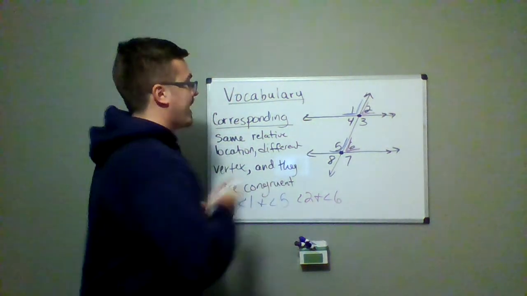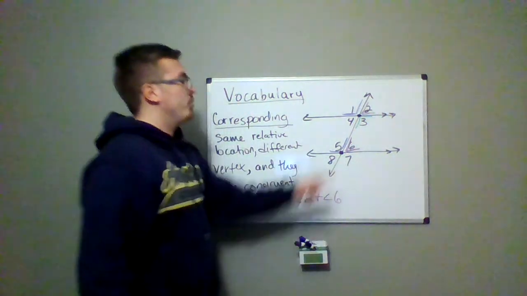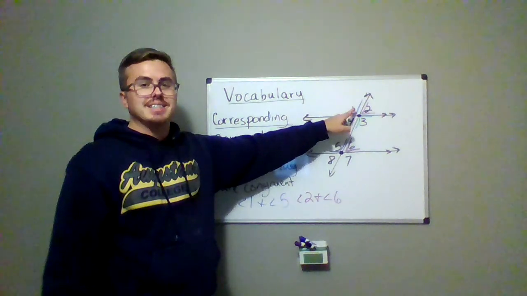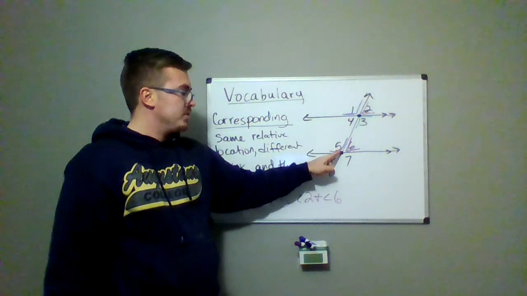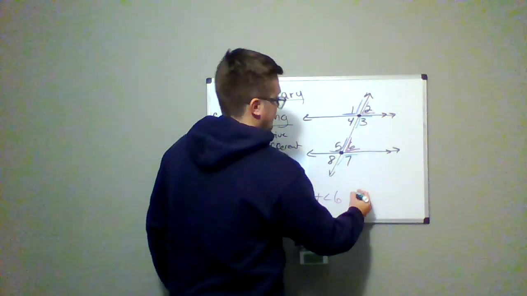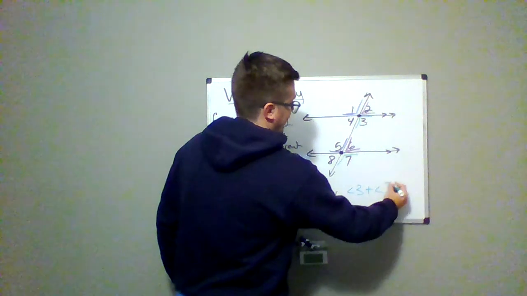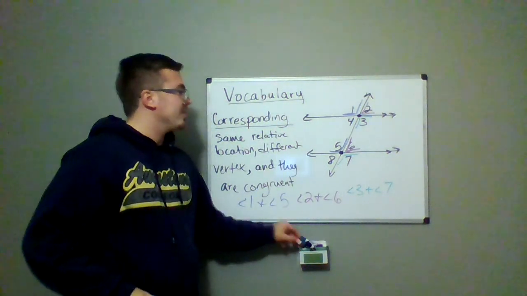If I look at angle number 3, relative to that vertex, it's below it and to the right. Go to the other vertex. Which angle is below it and to the right? Well, that would be angle number 7. So 3 and angle 7, which you could probably already guess what our last one's going to be.